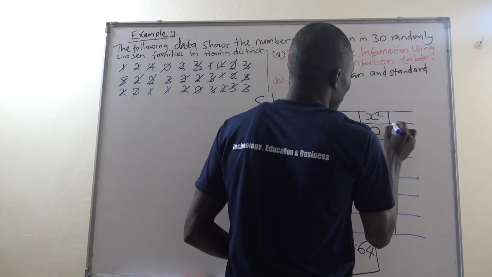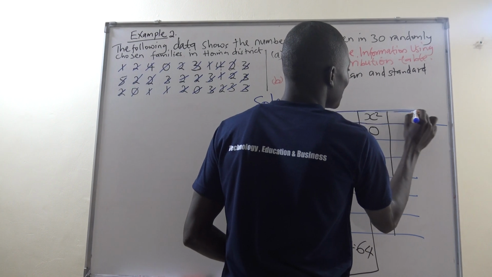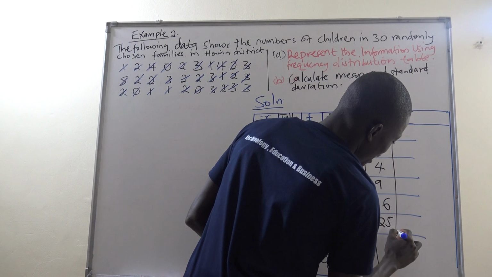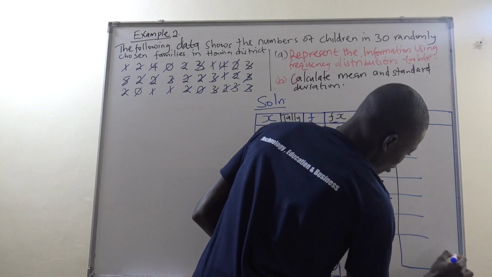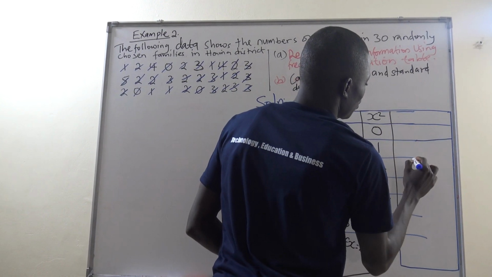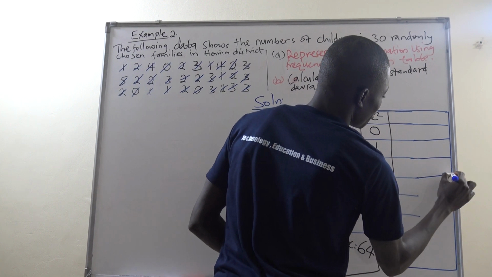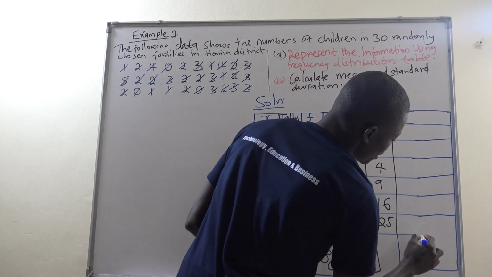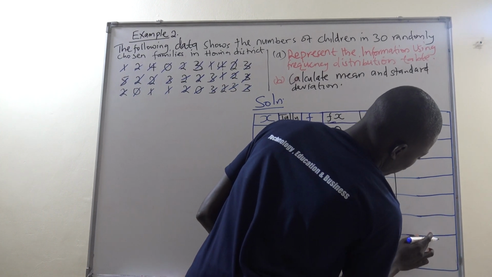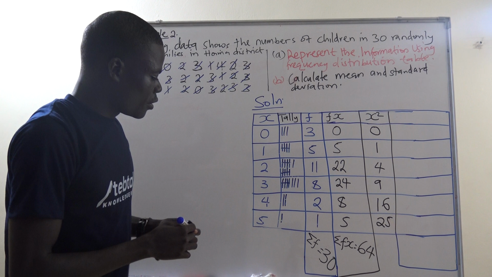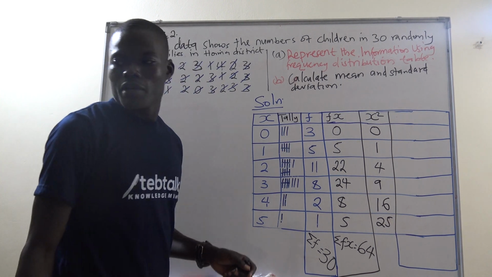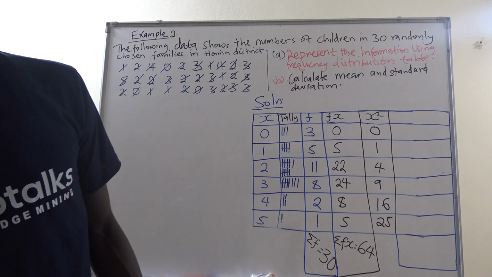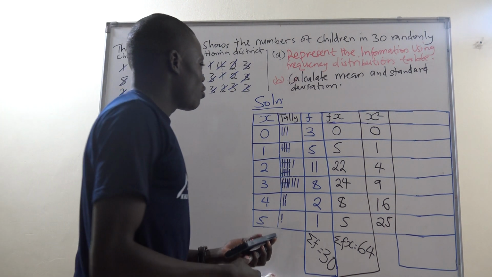So what shall we do here? We shall add another column of fx squared. In this column we shall multiply f times the x squared. Let me first bring my calculator. Okay, here we go.